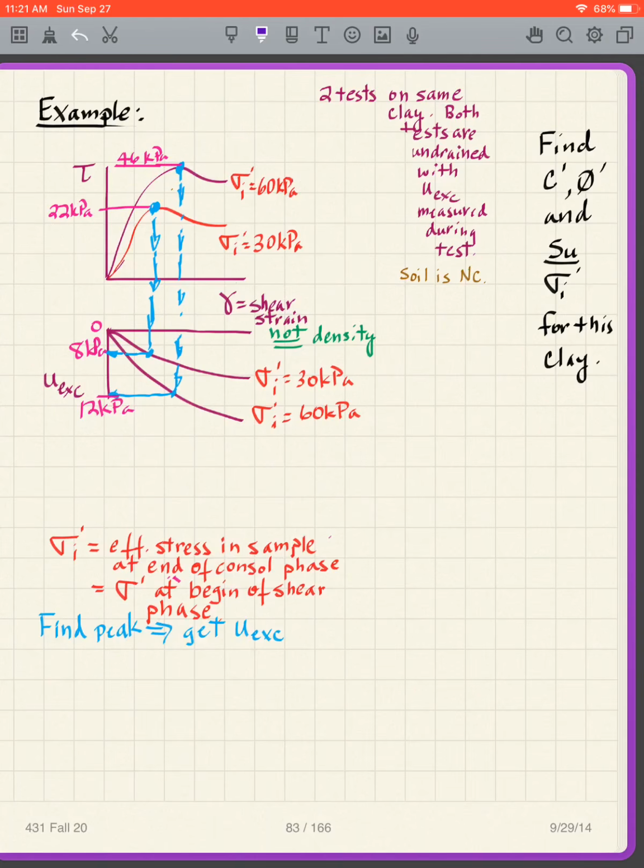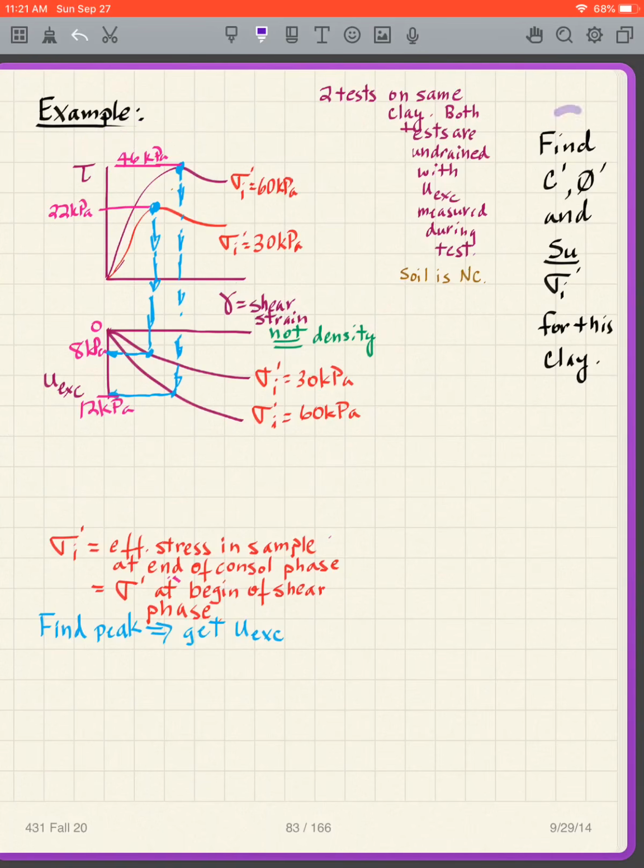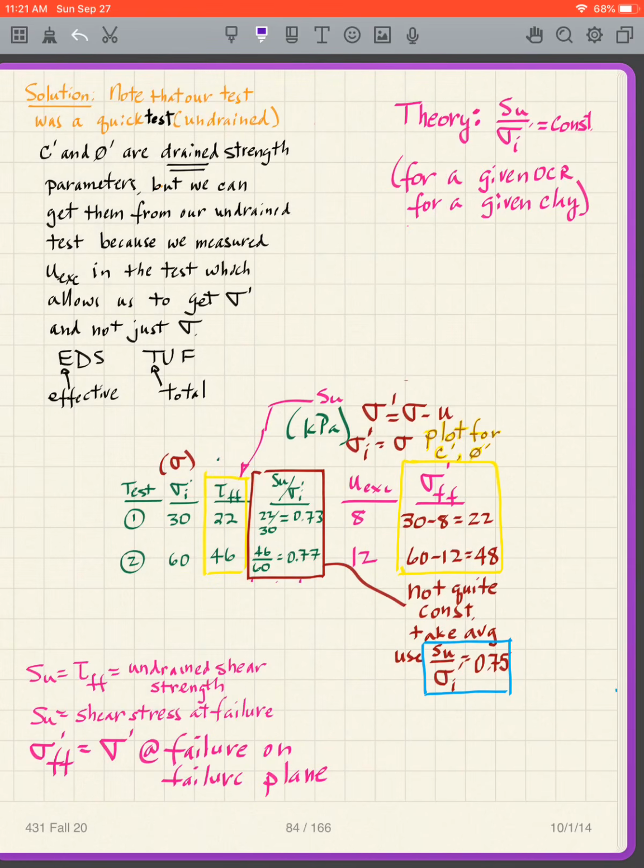All right, so my goal is to take these test results, the results that you got from a test, and find these soil properties. So how do we do that? First thing to note is that there's a little bit of a trick going on here, and that is our test is a quick or fast test. It's undrained. But there is a trick whereby we can get the drained strength parameters, which are C prime and phi prime.